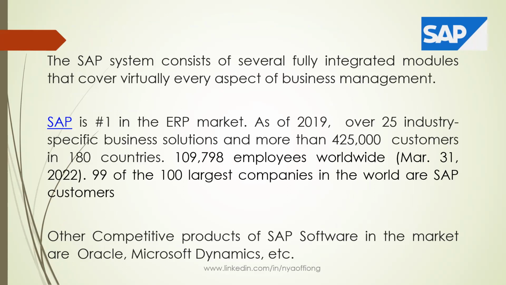SAP has 100,000 employees worldwide. 99 of the 100 largest companies in the world are SAP customers. They make use of SAP because it meets their functionalities and has the features that go with their business process. Other competitive products in the market as of today are Oracle, Microsoft Dynamics, and other upcoming ones.